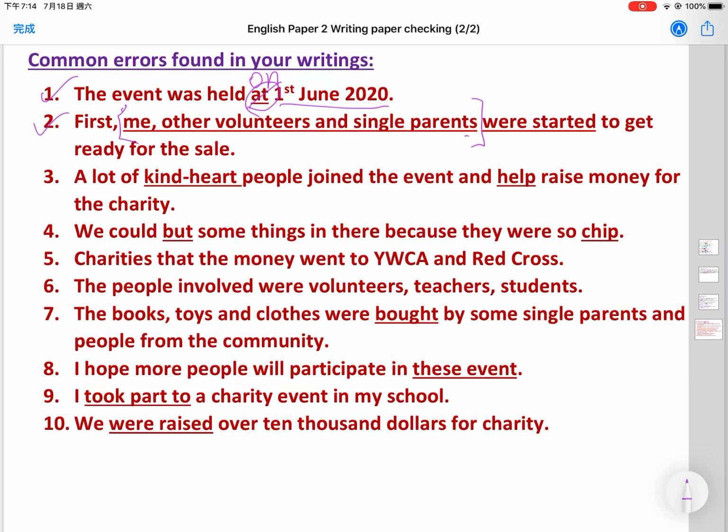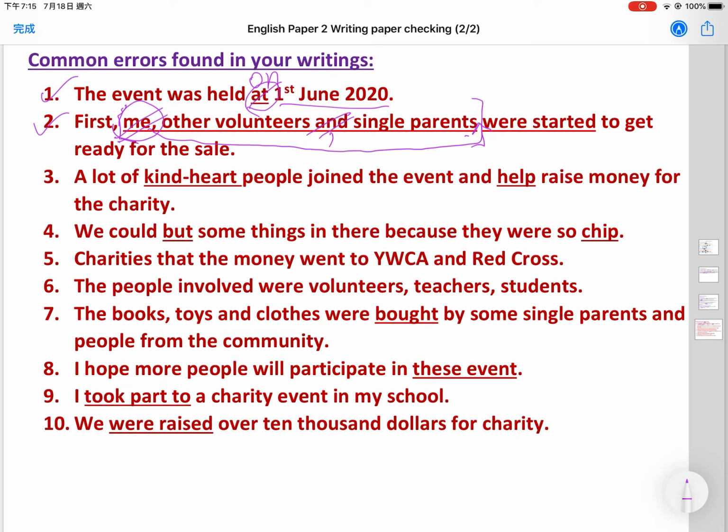In Chinese, I think we will say something like that, but in English, we are very humble, we are always very humble. So that's why we always go at the end, okay, at the end. And remember, this part is the subject part. So instead of using the object me, you should say other volunteers and single parents.